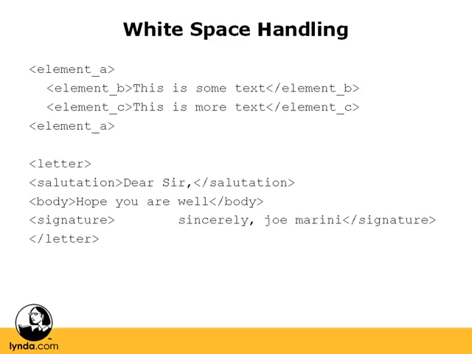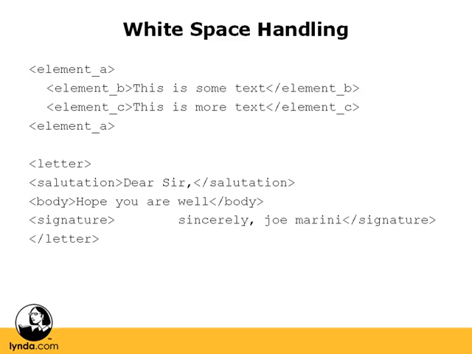Let's take Internet Explorer as an example. In Internet Explorer, the way whitespace is handled depends on how you are displaying the XML data. If you are using CSS style sheets, as we'll see later in the title, to display XML data, then Internet Explorer will treat whitespace the same way that it treats it in HTML.